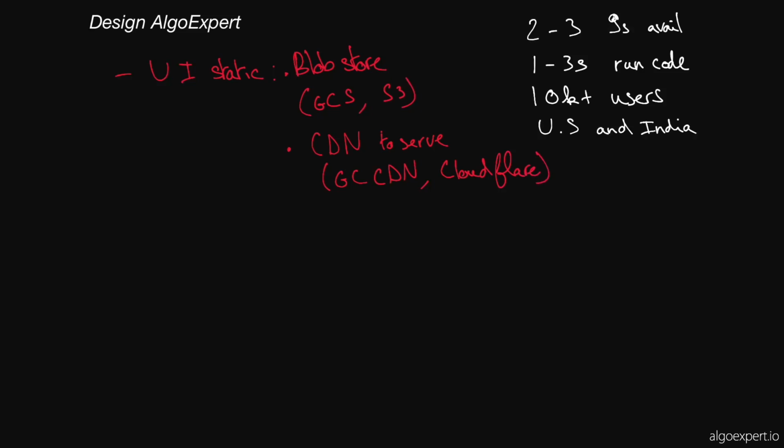So this is what I'm thinking for the static content. And again, just to repeat one last time, this is going to be the JavaScript bundle, any assets like images, that kind of stuff. I think that's probably as far as I need to go for the UI static content.